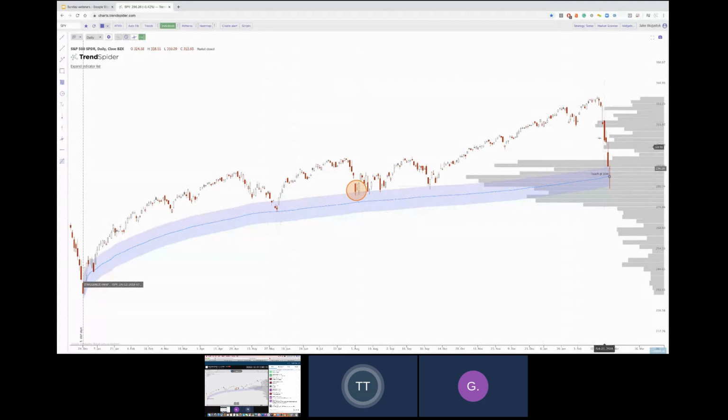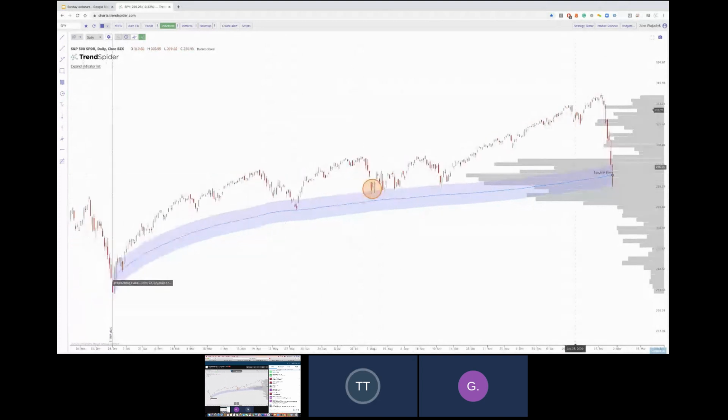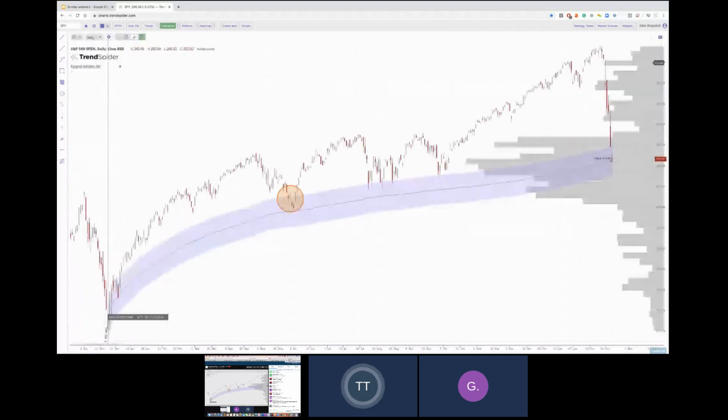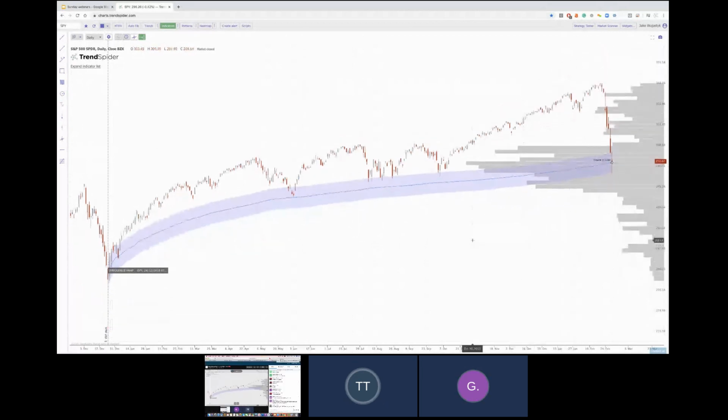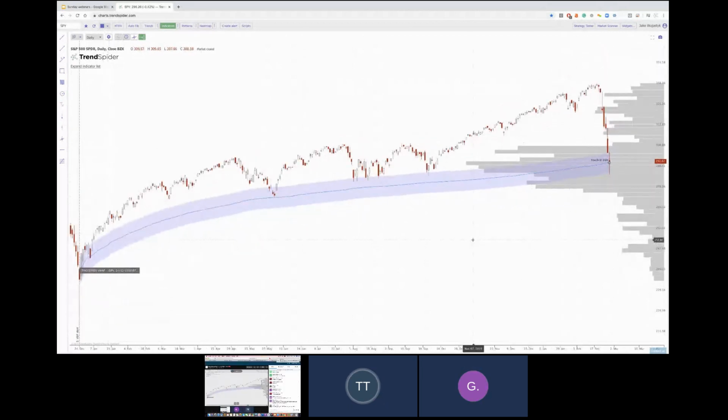The thing about this crash that's even more unique is when you've got these absolutely massive drops down, you generally will get a V to the upside. Not always. I think you mentioned futures are down huge right now, but that's something that I typically use as a contrarian indicator. So if the market was up 3% today, I would probably expect it to be down by morning.